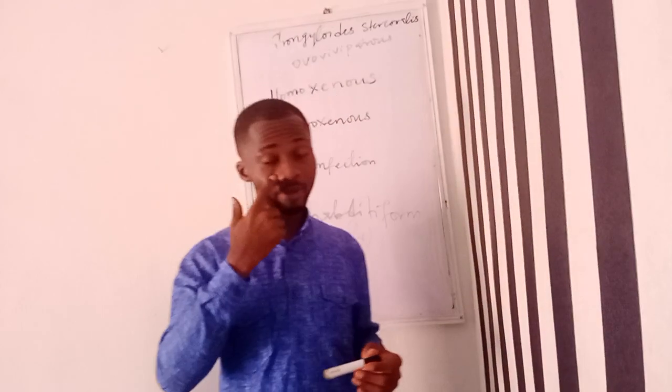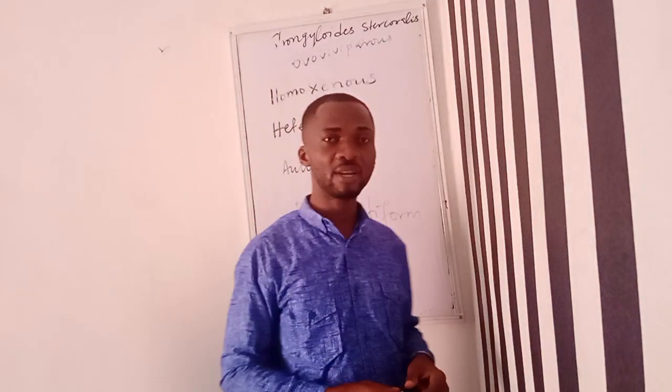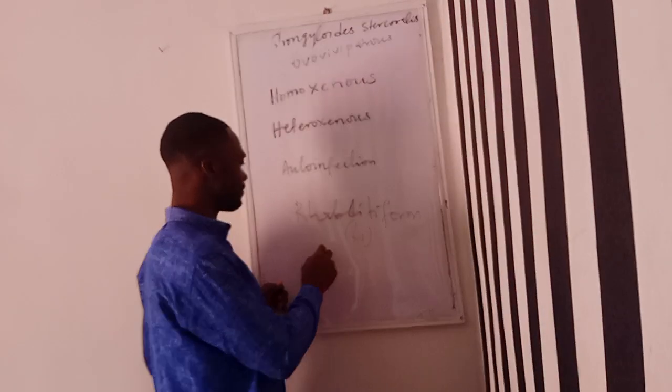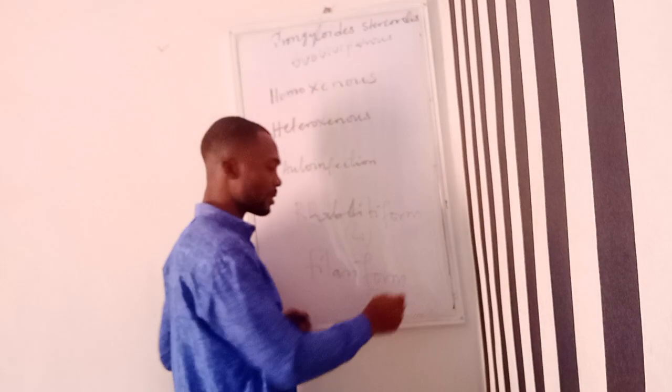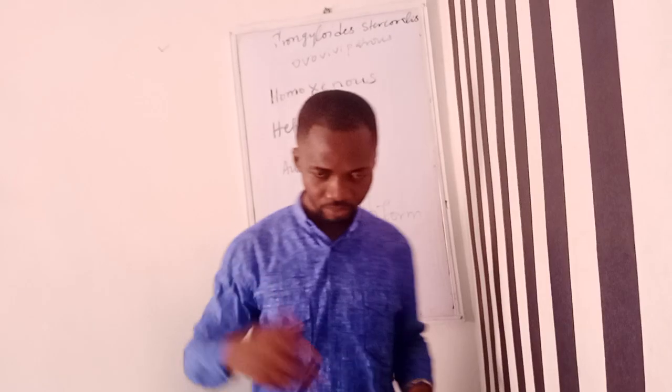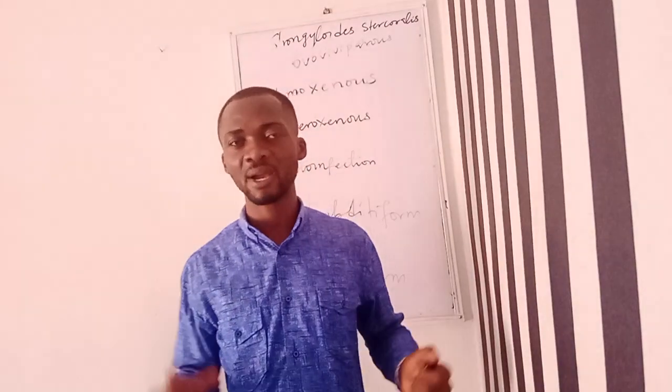This rhabditiform larva, which is the L1, will molt twice to become the infective larva or the L3 larva, which is called the filariform larva. I know I mentioned this in nematodes. They are basically the same. The words used for them are the same.